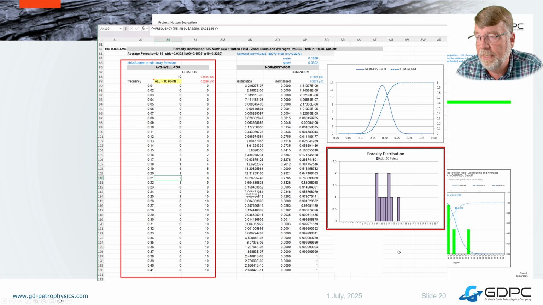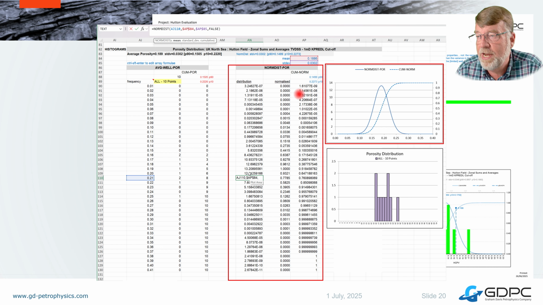Similarly, to create this normal distribution, you basically take the mean and the standard deviation of your data set, and then use this normdist function. I think newer versions of Excel have slightly different ones, but in this old version I just use the normdist function, which gives you a normalized distribution with this mean and this standard deviation.